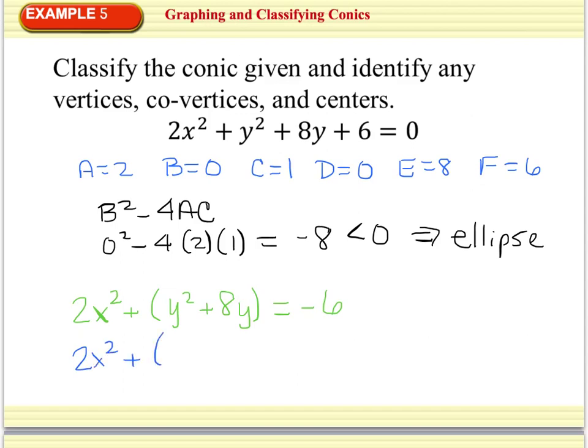Plus, now for my y terms, I'm going to have y squared plus 8y, and if you remember to complete the square, you're going to divide this term here, so I'm going to take 8 and divide it by 2, which gives me 4, and then I'm going to square it. And because I added 4 squared on the left, I also have to add 4 squared, or 16, on the right.